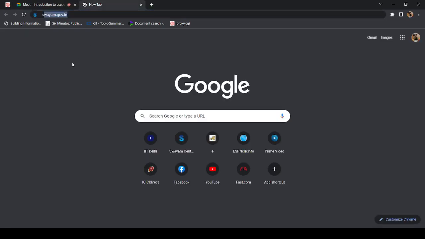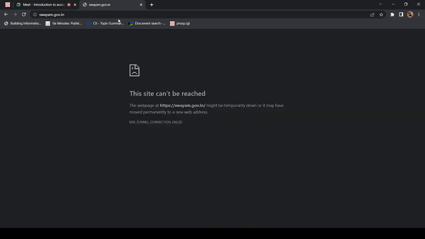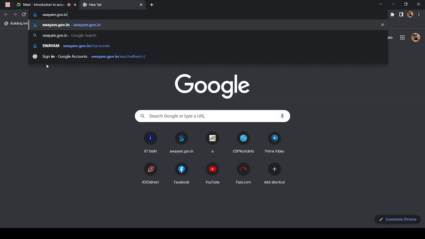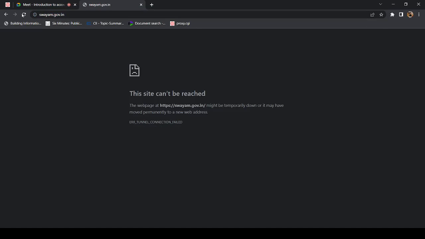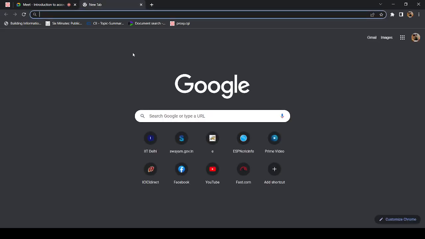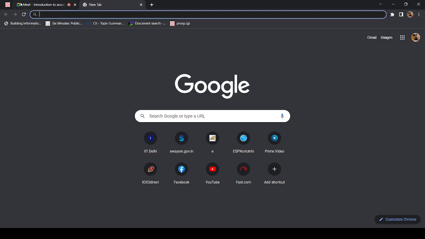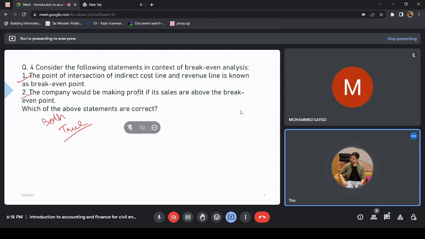Okay, so some equations are given in the question. If you open that assignment, just a moment. Actually, it is showing that the site is temporarily down. Okay, so let me get to your problem.